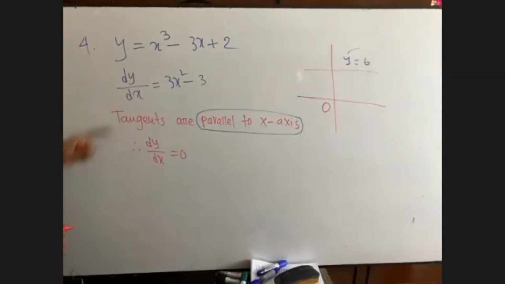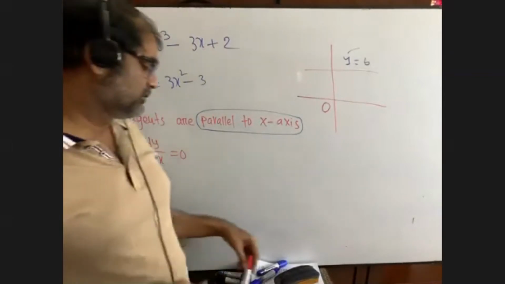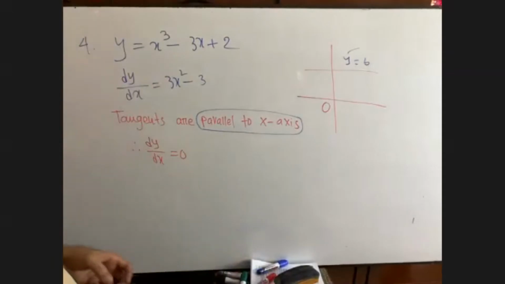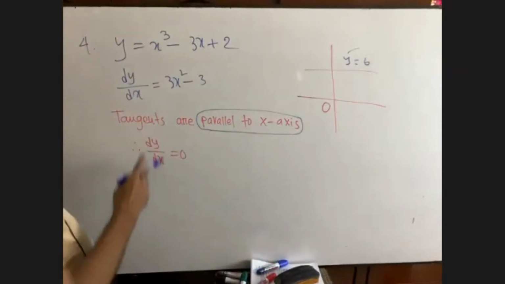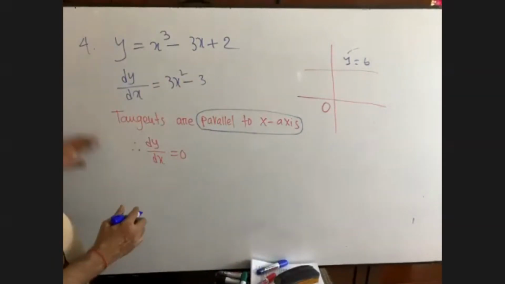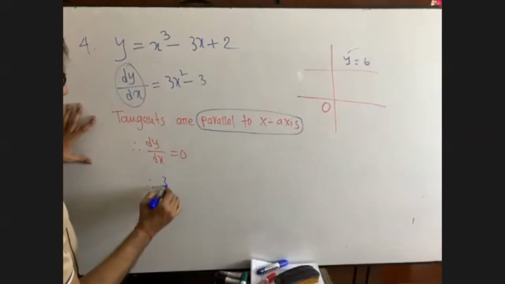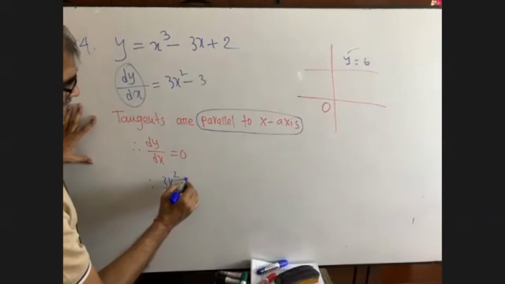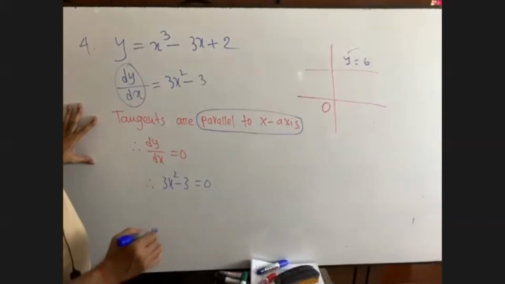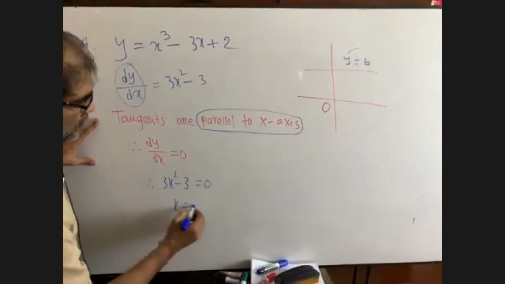I told you that this formula is to be memorized. Parallel to x-axis means dy by dx equals to 0. Therefore, the value of dy by dx is 3x square minus 3 equals to 0. That means x equals to plus minus 1.